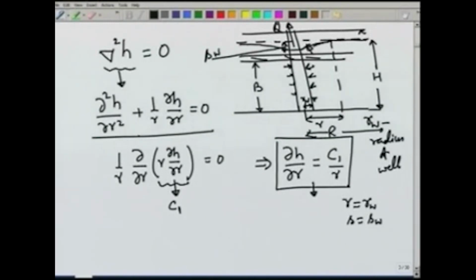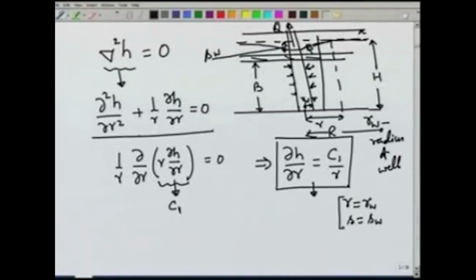S w is the drawdown in the well. So, one condition may be that R equal to R w, S equal to S w, but typically the drawdown in the well is affected by some losses in the well. The flow is also not laminar, it is turbulent. Therefore, S w is typically not used, and we take some other location, let us say R equal to R 1, and find out the drawdown there as S 1.